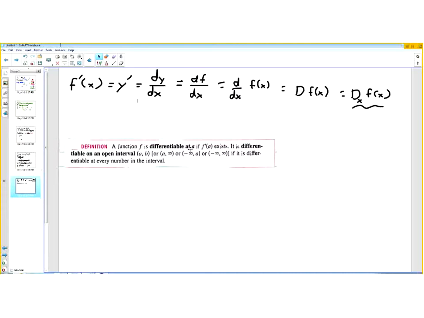It is differentiable on an open interval a to b, or a to infinity, or negative infinity to a, or negative infinity to infinity, if it is differentiable at every number in the interval. So this is what we mean by differentiability: the derivative exists at all the numbers on the interval you're considering. If a function is not differentiable on an interval, then it's not differentiable on that subinterval, but it may be differentiable on another subinterval, as we'll show next.